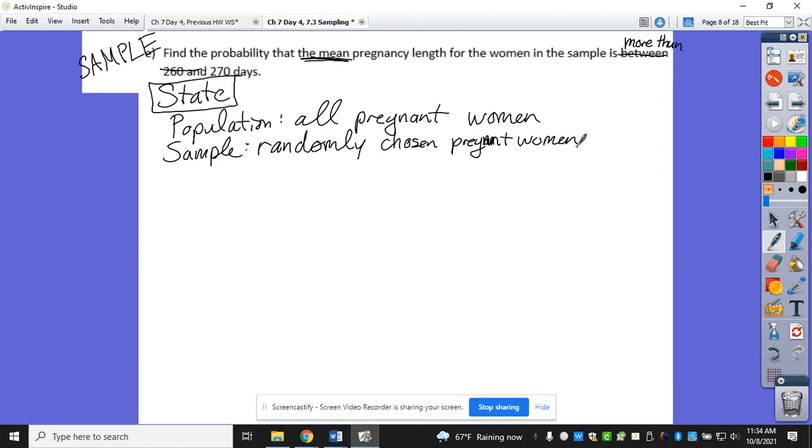What's next? Well, mu is going to stand for what word? What does it say? This is the mean what? I don't remember if it says length. That would make sense. Length of pregnancy.